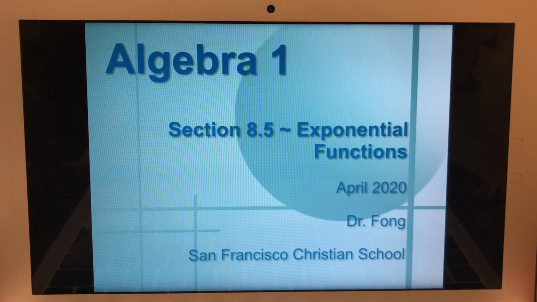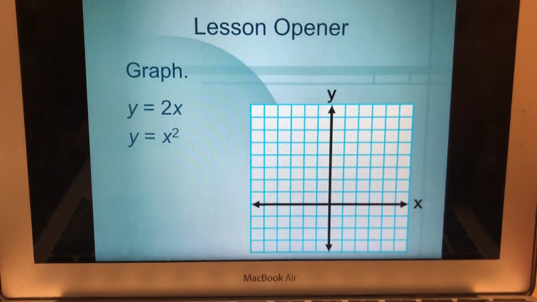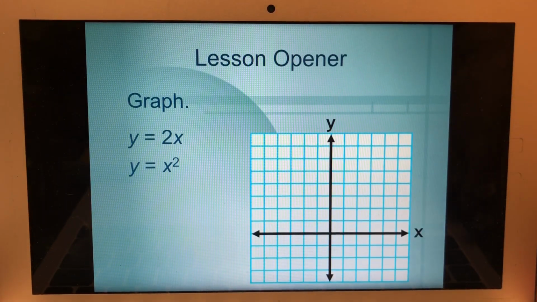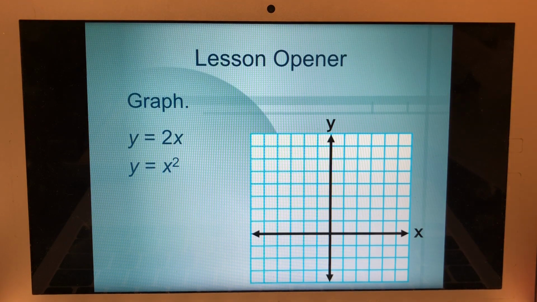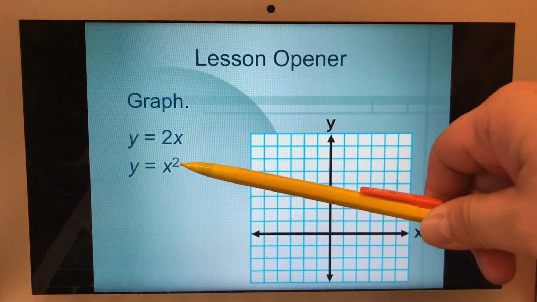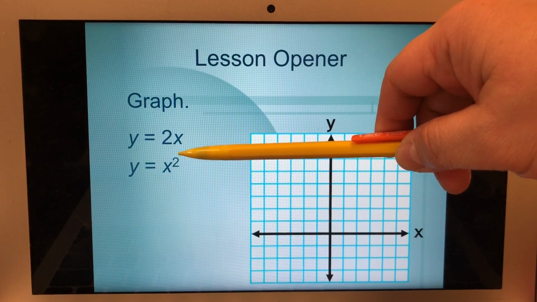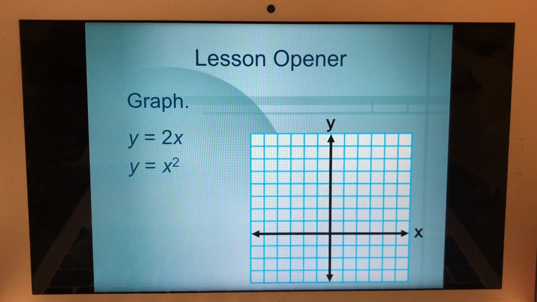And these relationships can be represented here with y equals 2x, and then y equals x squared. If we look at examples like this, the base is a constant, but the exponent is the independent variable. Okay, we'll explain that a little bit more here.